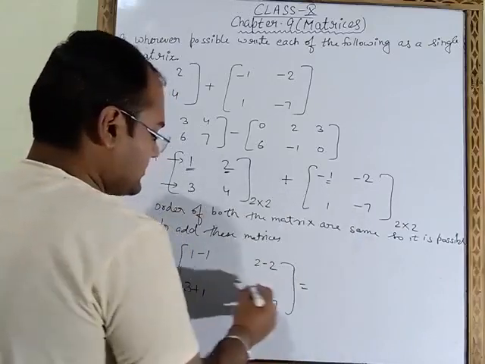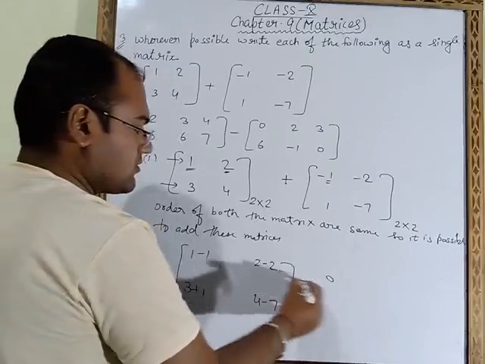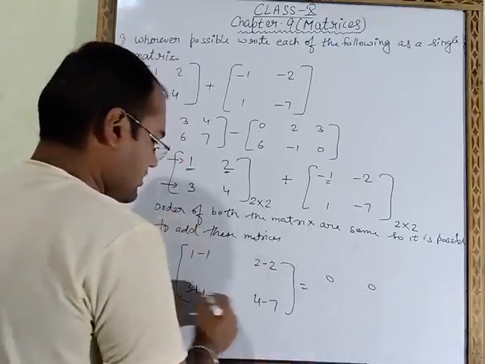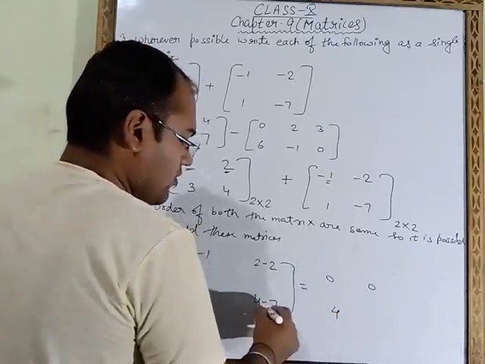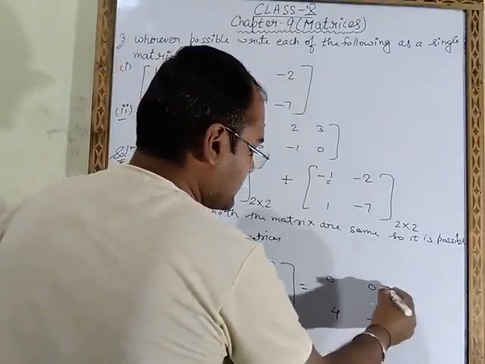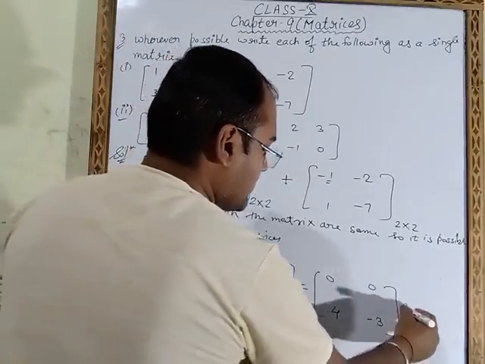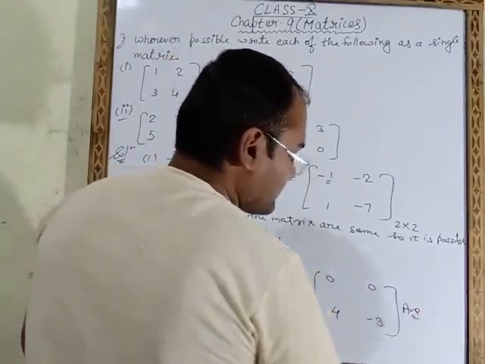So the final answer is: 1 minus 1 will be 0, 2 minus 2 will be 0, 3 plus 1 is 4, 4 minus 7 is minus 3. So this is your final answer.